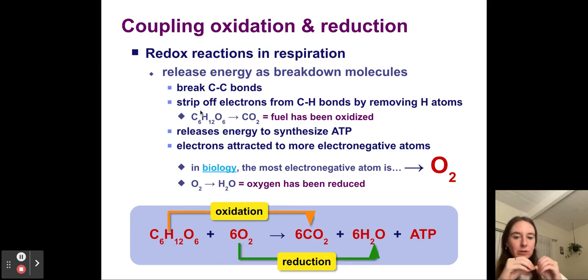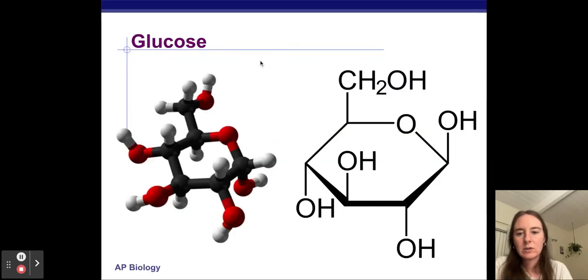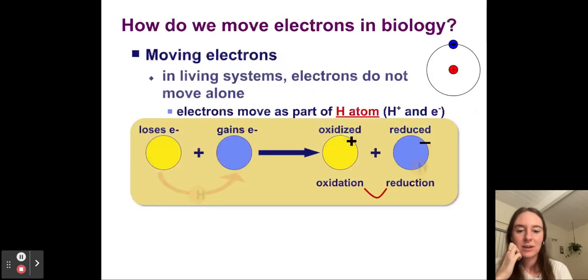So we are also stripping off electrons from those carbon-hydrogen bonds, right? What does that mean? Well, we're removing those hydrogen atoms. If you go back to our glucose molecule here, all these white atoms are hydrogens. And what you're doing with glucose is you're literally ripping off those hydrogens, right? And so now, OIL RIG, oxidation: you're oxidizing your glucose. You're losing hydrogens, and those hydrogens are going to go somewhere else.